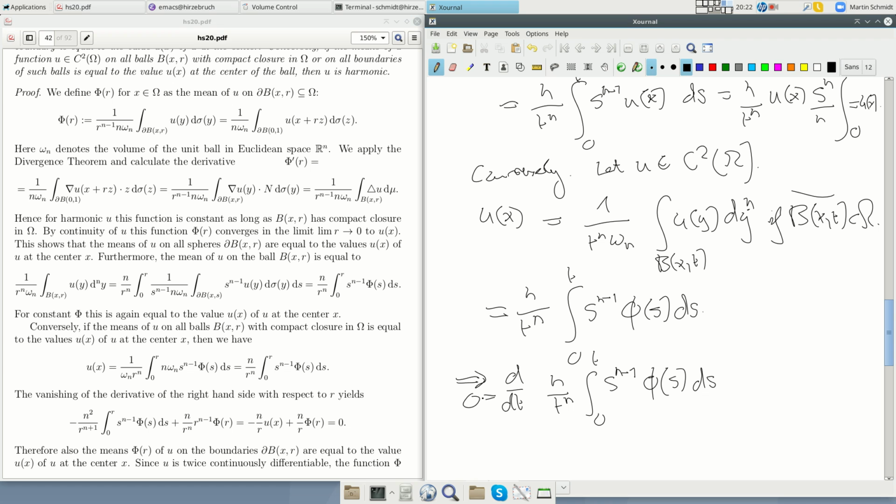This derivative is 0. Now let's calculate. We have two places where this depends on R. This means we have to take at both places the derivative and then take the sum. This follows from the chain rule. I hope this is clear. Otherwise, please ask me in some question and answer section, and then I will explain this.